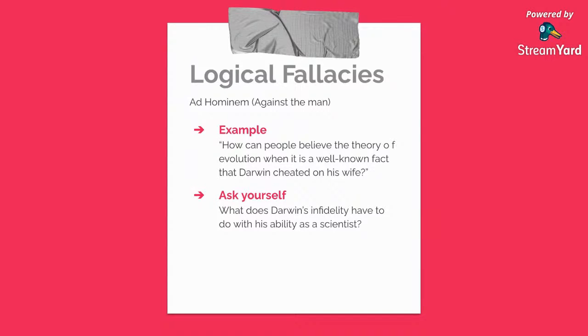The example of ad hominem is: how can people believe the theory of evolution when it's a well-known fact that Darwin cheated on his wife? You need to ask yourself, what does Darwin's infidelity have to do with his ability as a scientist? If you're talking about Darwin as a husband, or his integrity or honesty in personal things, that would probably be fair game.